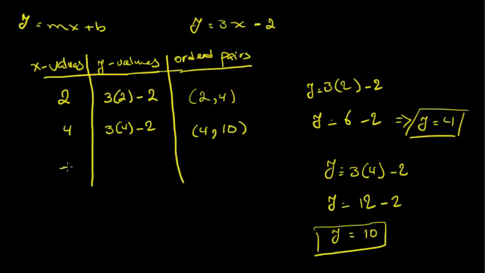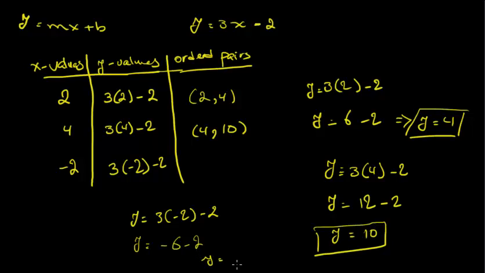Then let's pick minus 2. When x is minus 2, y is 3 times minus 2 minus 2, y equals 3 times 2 is minus 6, minus 2, y equals minus 8.